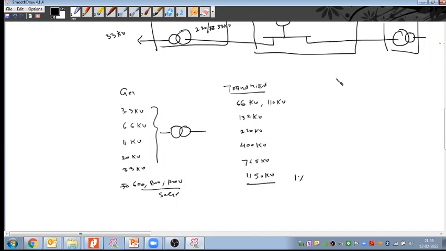And when it comes to distribution voltage, that is again 33 kilovolts.